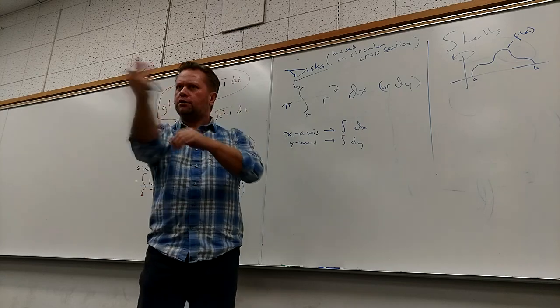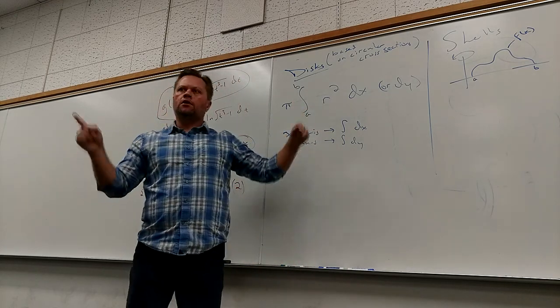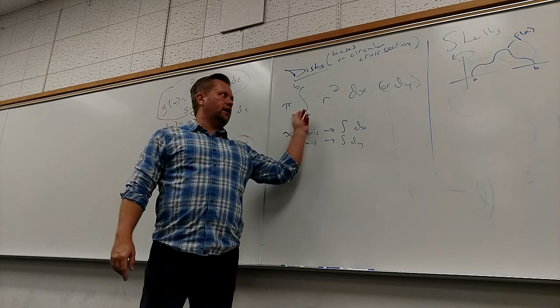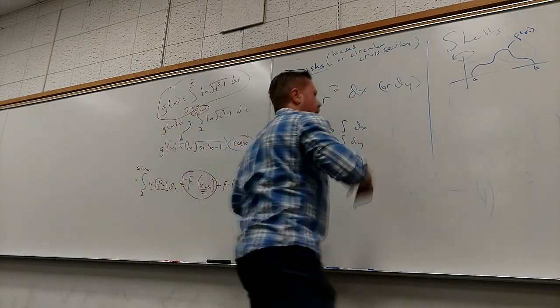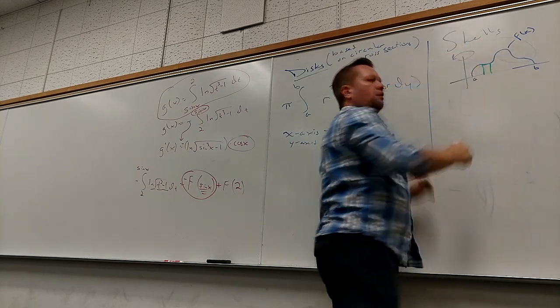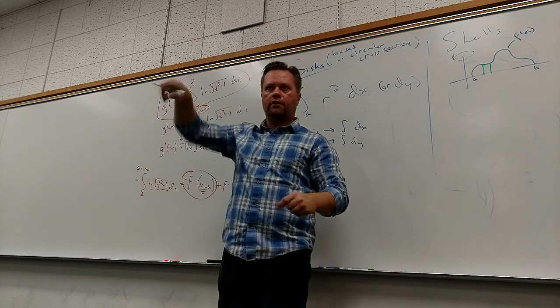That's how you create the shell. So here I locate the circles along the axis I'm rotating around. That's why if I'm rotating around x, it's got to be dx, and vice versa. Shells, I locate the rectangles on the axis perpendicular to the one I'm rotating around, because they have to be parallel to it so they can rotate around and make a shell.